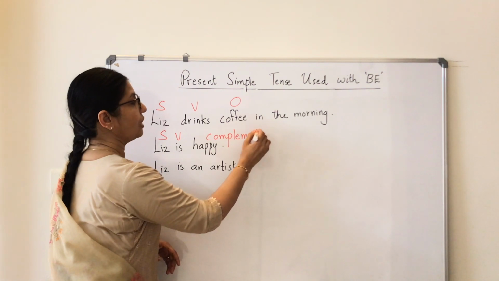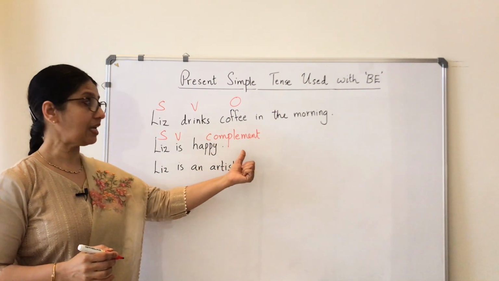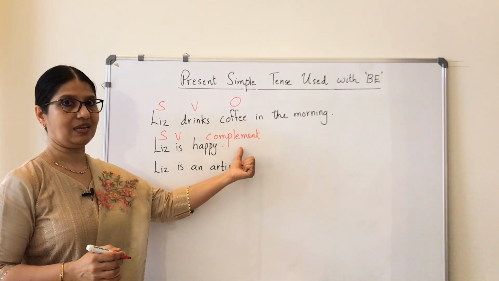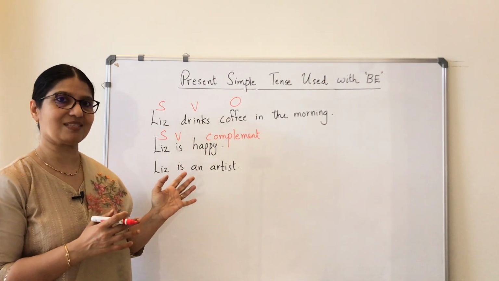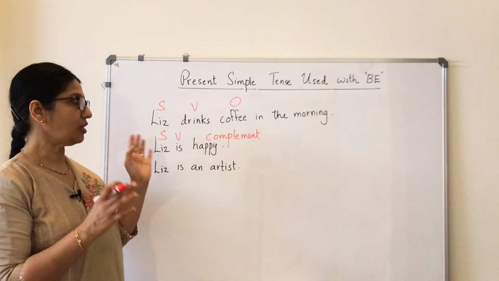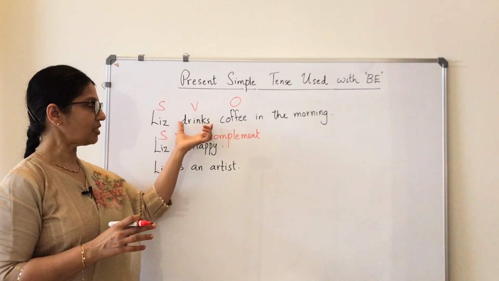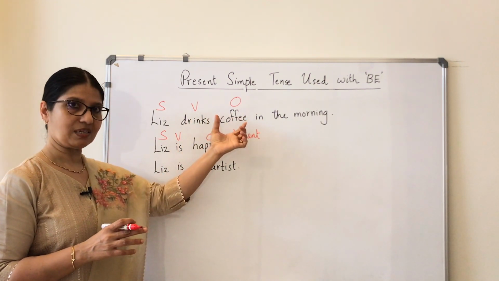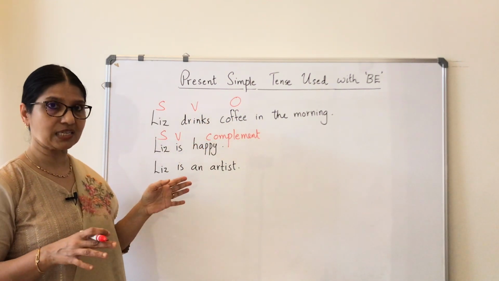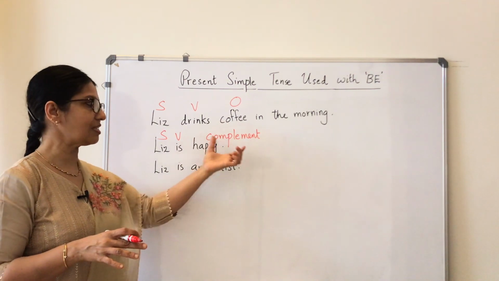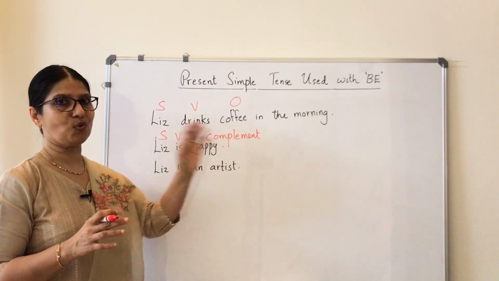Complement. Please note that this word comes with an E, not an I, and it means something which completes. So here it's clear that when you have an action verb, it takes an object, but is, which is not an action verb, cannot take an object. It has a complement following it.